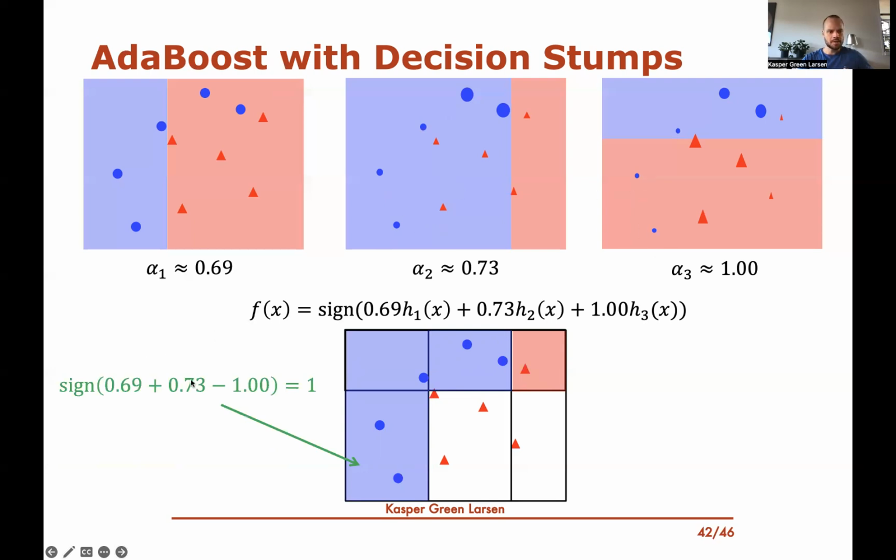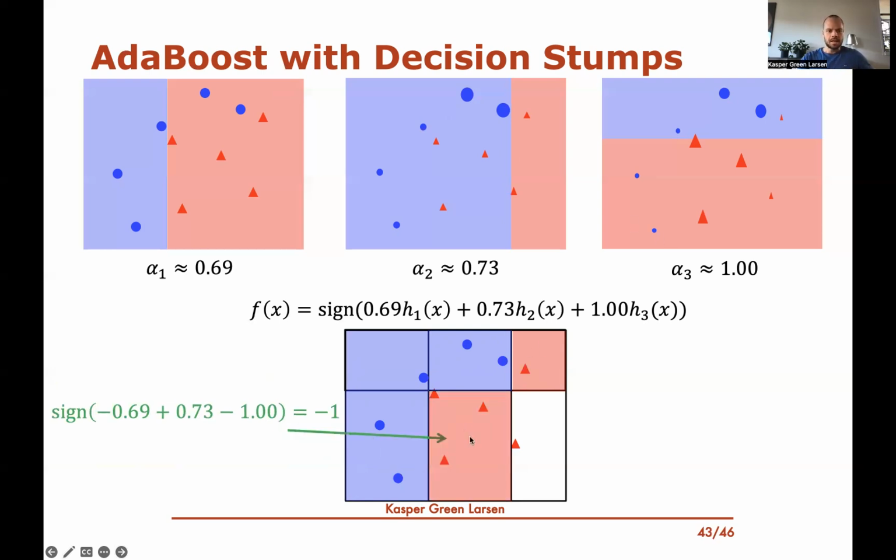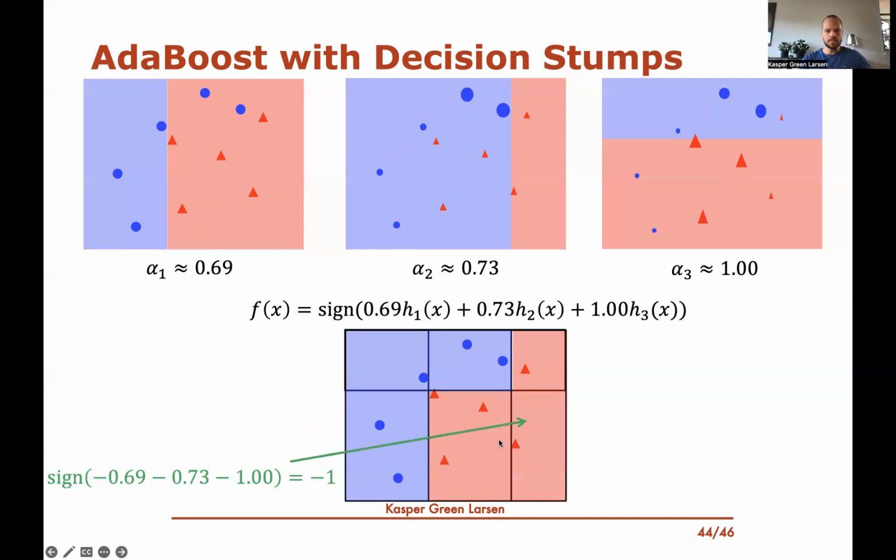The sign of 0.69 plus 0.73 minus 1 is still 1. So we'll go with that. We take the middle box here. The first one has a negative prediction. The second one has a positive prediction. The last one has a negative prediction. The weighted sum is negative, so we get a -1. And finally, in the lower right corner, all of them make a negative prediction, so we get a -1.